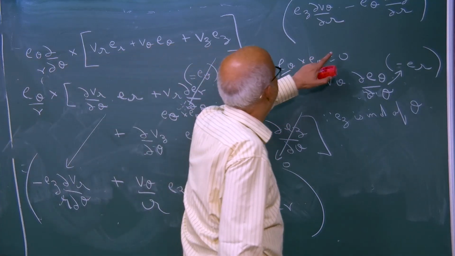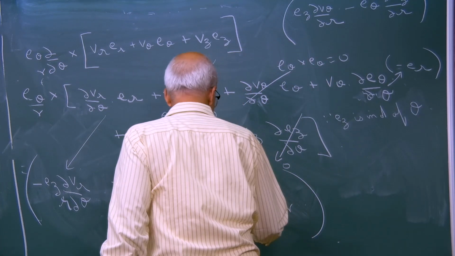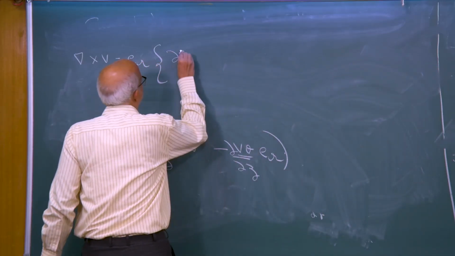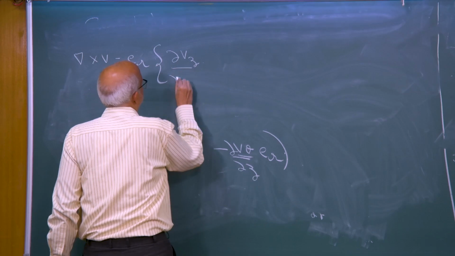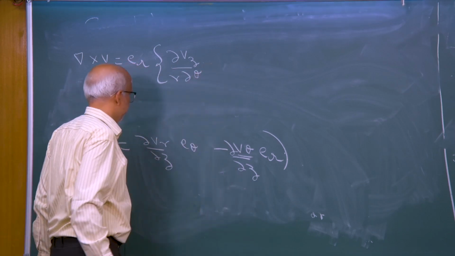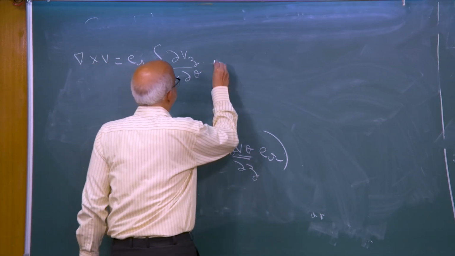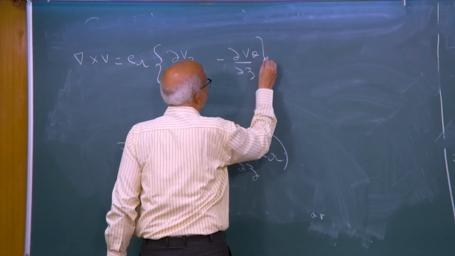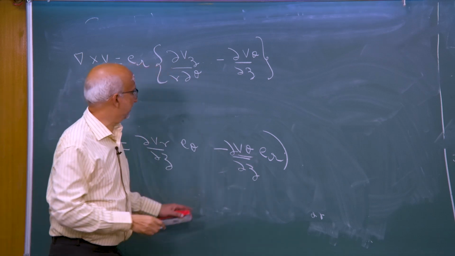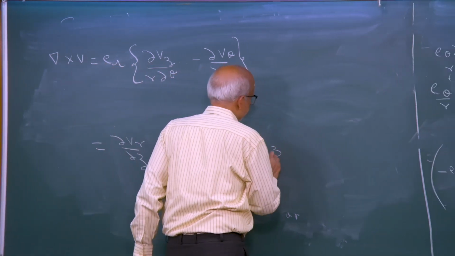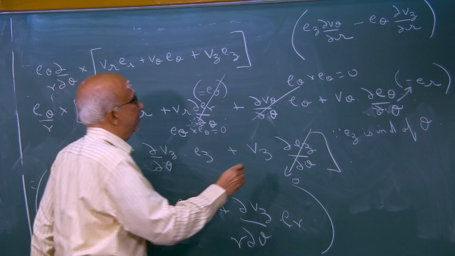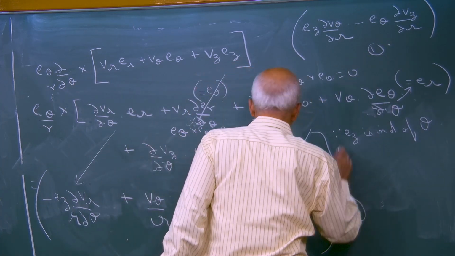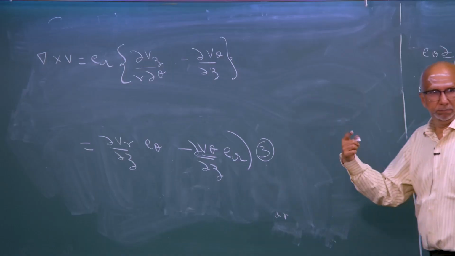I have one term here, dVz by r d theta, minus dV theta by dz. So I have totally 7 terms. This is 3, this is the first one, and this one. I am adding all the 3, okay.